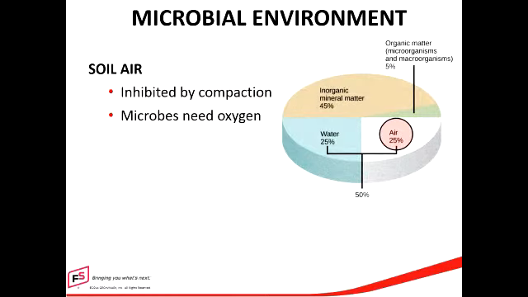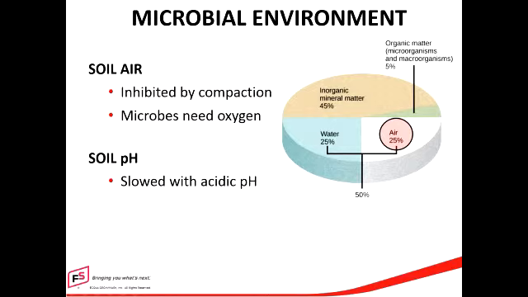When we look at a standard soil that has a normal bulk density, it's not compacted, we usually think of a soil that's half solids and half pore space, and of the pore space, half of that is filled with air. So essentially 25% of the soil volume of an acre furrow slice is soil air. The other is soil water, which is an ideal environment for microbial growth and development.